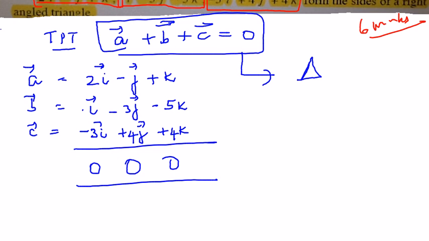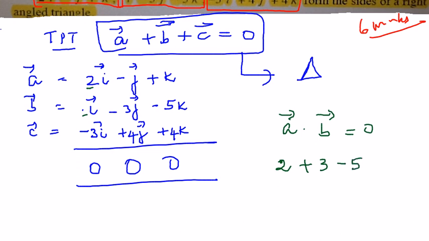Now to prove that it forms the sides of the right angle triangle, what we have to do is take any 2 sides. If I take the scalar product of the 2 sides, it must be equal to 0. So let's take A vector and B vector. If I multiply the scalar product, what do I get? 2 into 1, 2, plus minus 1 into minus 3, which is plus 3, and then 1 into minus 5 is minus 5.